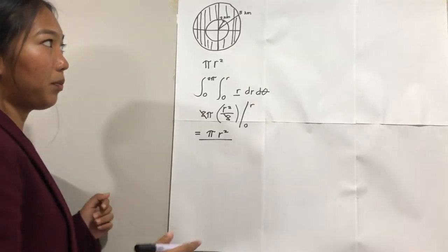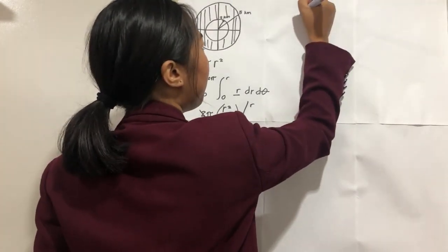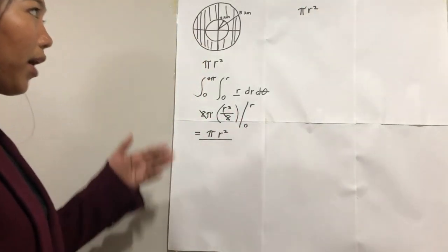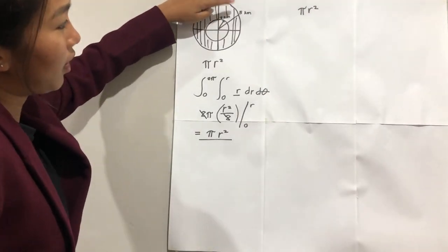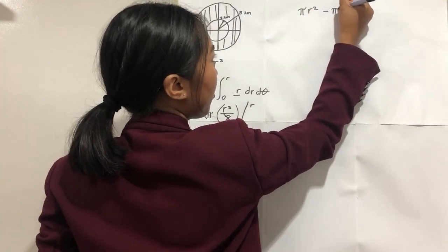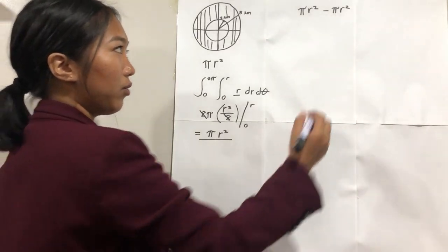So going back to the problem, pi r squared. Since we're going to find the area that starts from 2 and ends at 5, we have to subtract another pi r squared. So let's substitute the values.